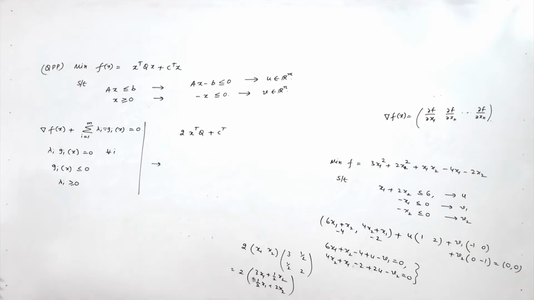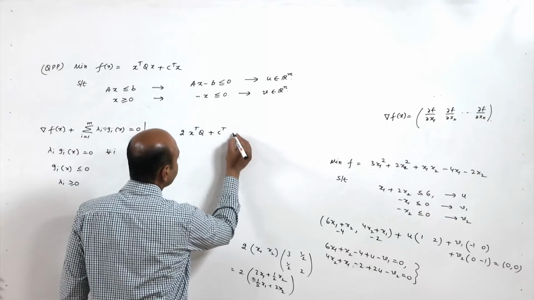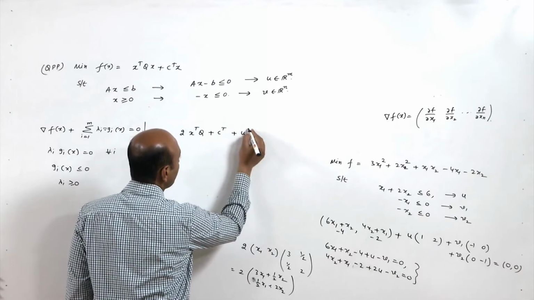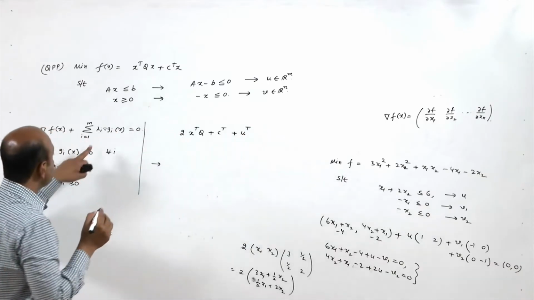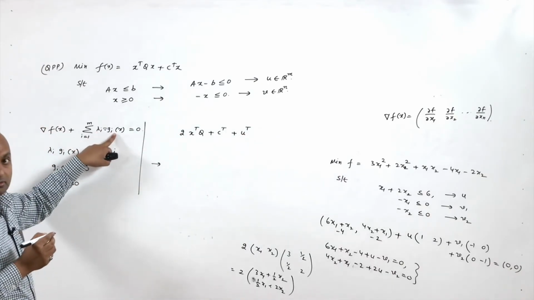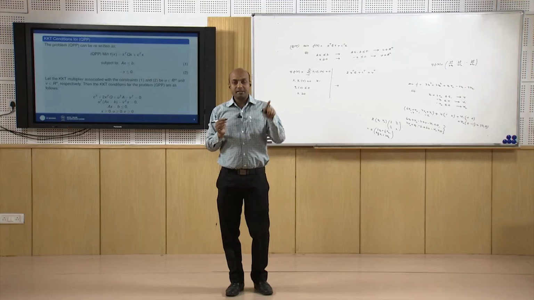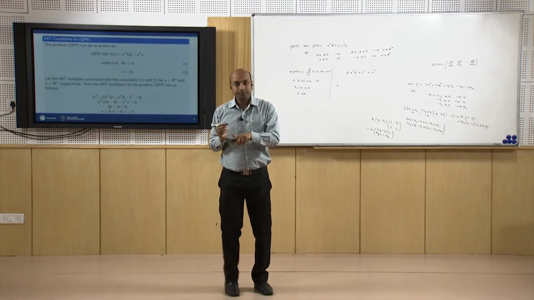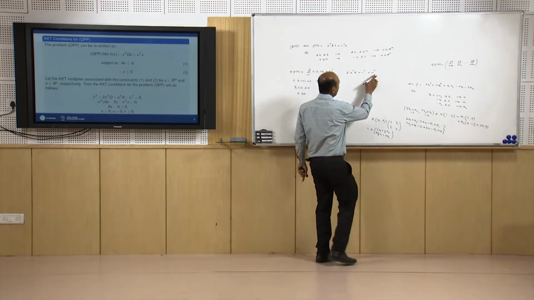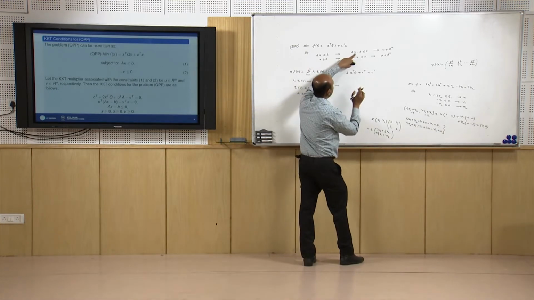Then plus u transpose, because it is the sum of lambda with gi, that is lambda 1 g1 plus lambda 2 g2 and so on up to lambda m gm. So it is u transpose times the gradient of the first constraint.